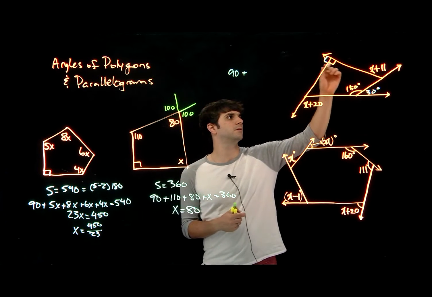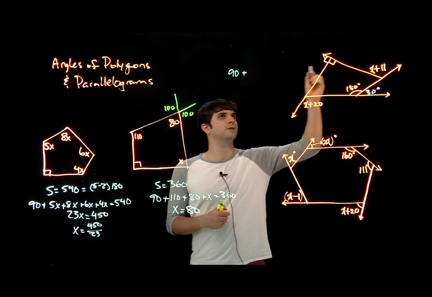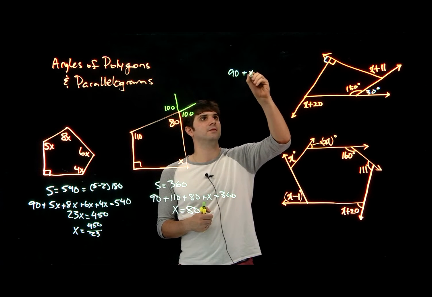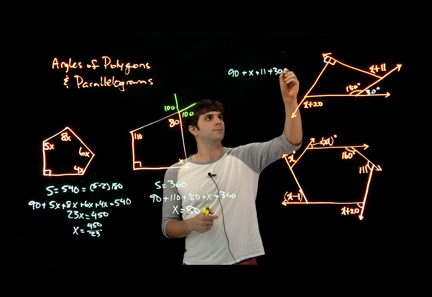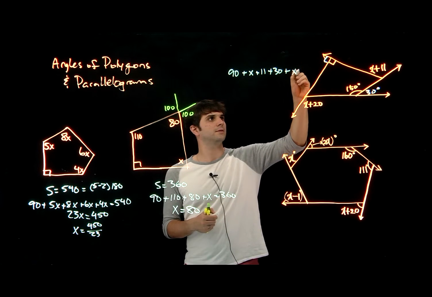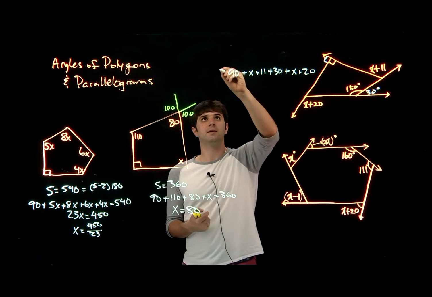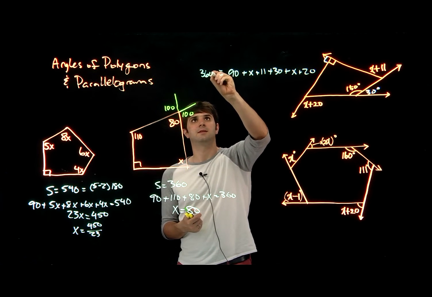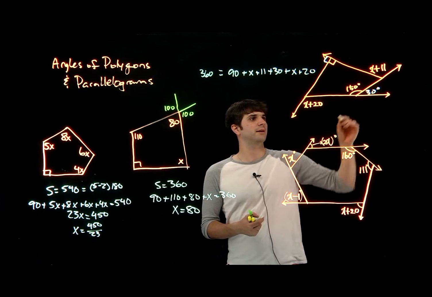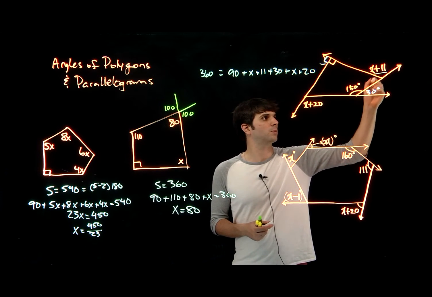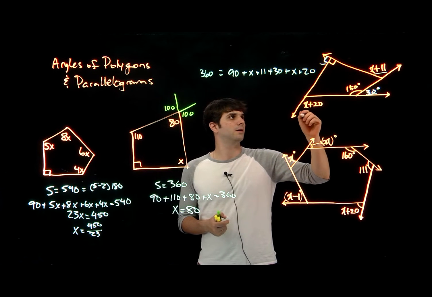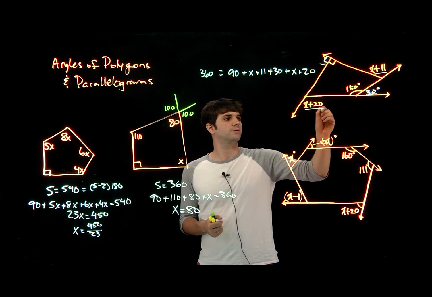Okay, so we have 90 plus x plus 11, sorry, plus 30 plus x plus 20, and that's all going to equal 360. Okay, so the sum of the exterior angles is 360. So let me underline those. 90, x plus 11, 30, and x plus 20.